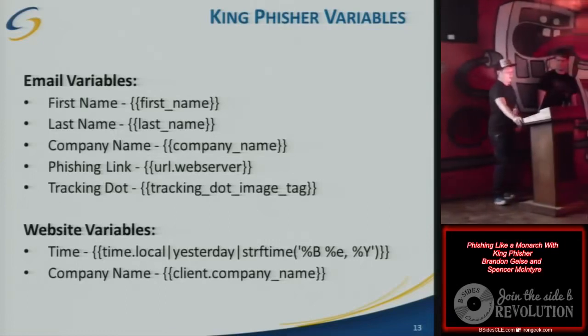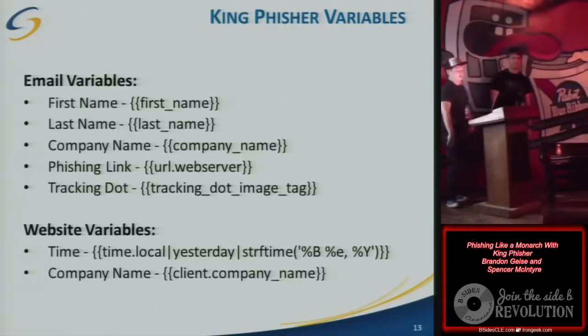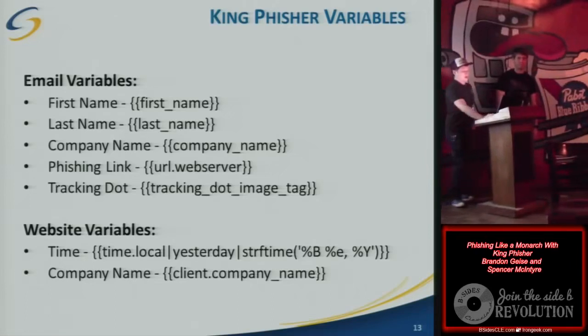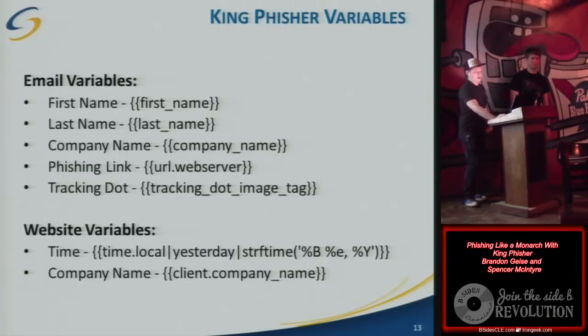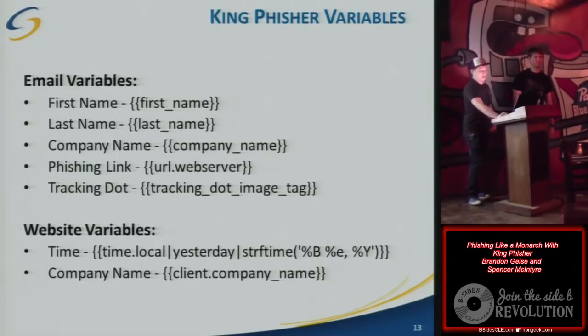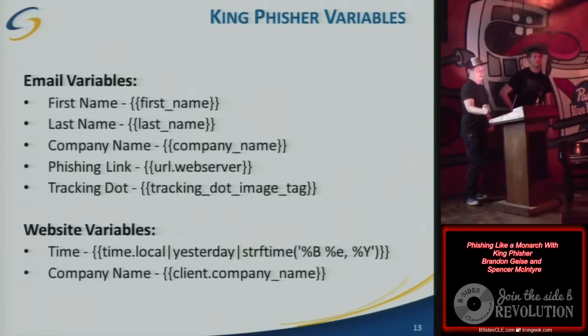Right. There are also quite a few website variables. So this is actually the website that the user is going to. With your HTML that you're hosting on your Kingfisher server, you can put in the time variable, which is broken out here. You can have it display yesterday, or the previous day, or a future day, or the current time. So you can basically customize what phishing page they're landing on, as well as the company name.